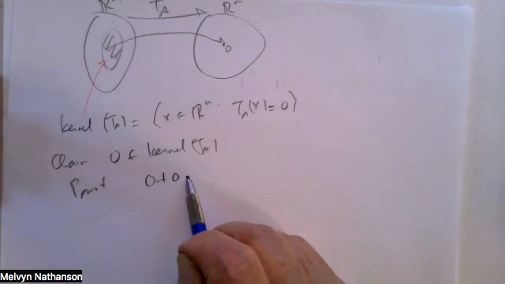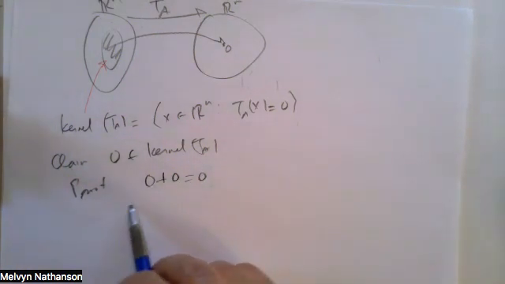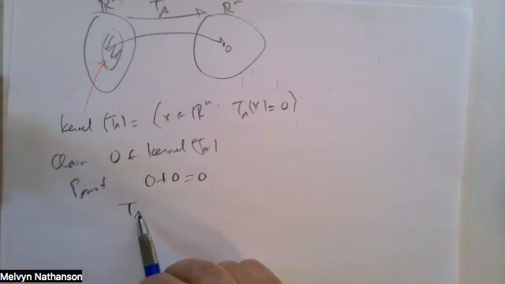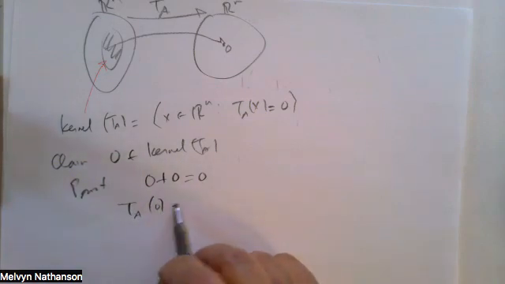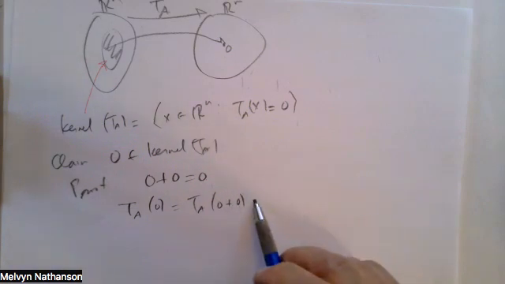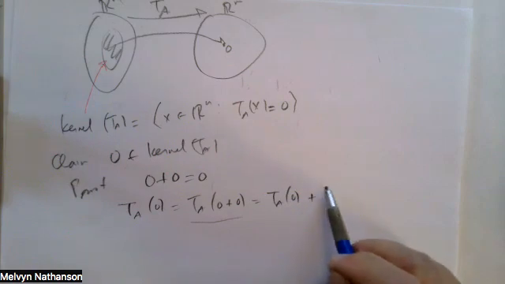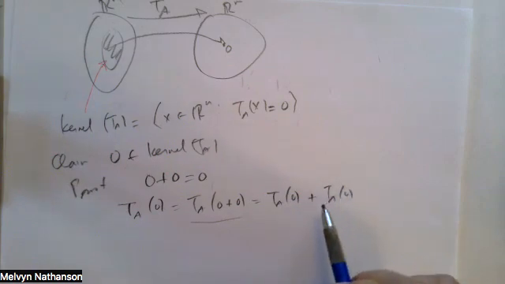Zero plus 0 equals 0. These are the 0 vectors. So T sub A of 0 is T sub A of 0 plus 0. And by additivity, this is TA of 0 plus TA of 0.